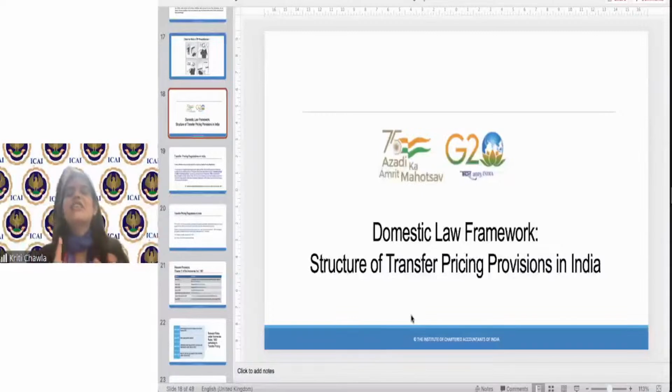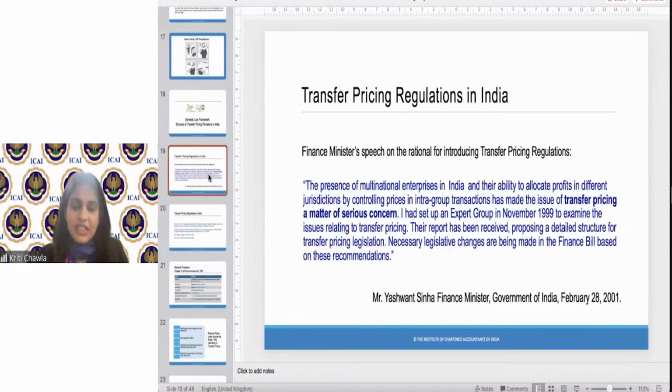Yes, it was the year 2001 when transfer pricing provisions were introduced in India. If you look at this particular finance minister's speech, it happened on February 28th of 2001. They said that transfer pricing was a matter of serious concern because most of the multinational groups across the world were actually controlling their intra-group transactions.